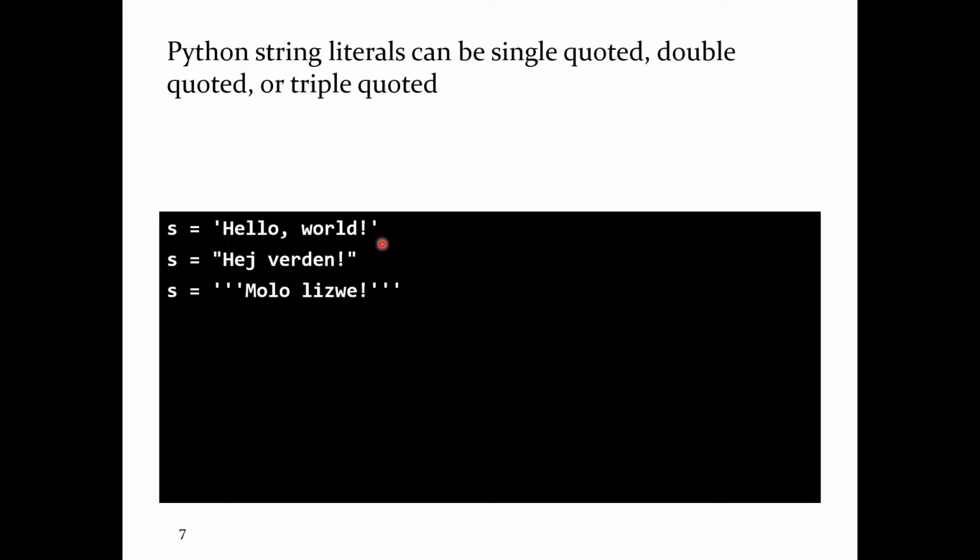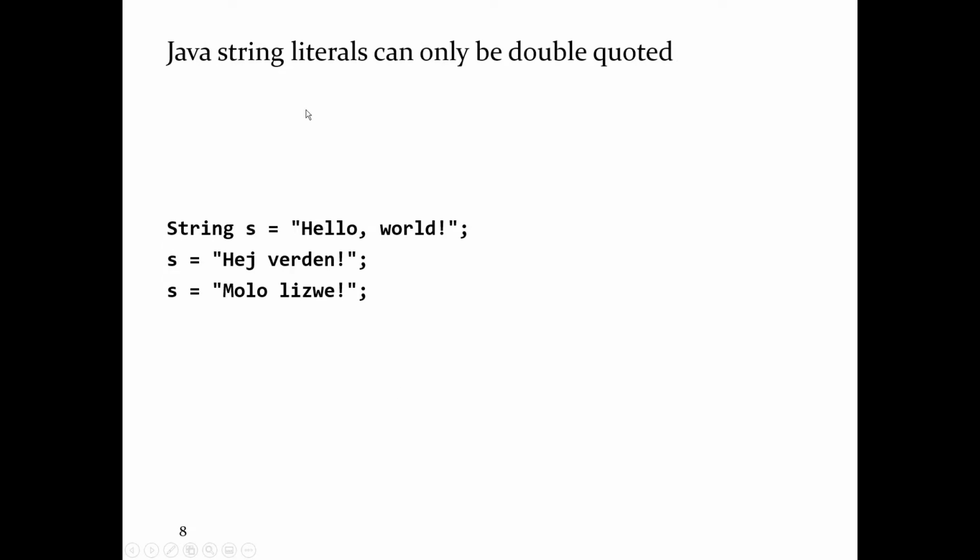So that's hello world in 3 different languages. In Java, string literals can only be double quoted. Using double quotes is the only legal way in Java to define a string literal.